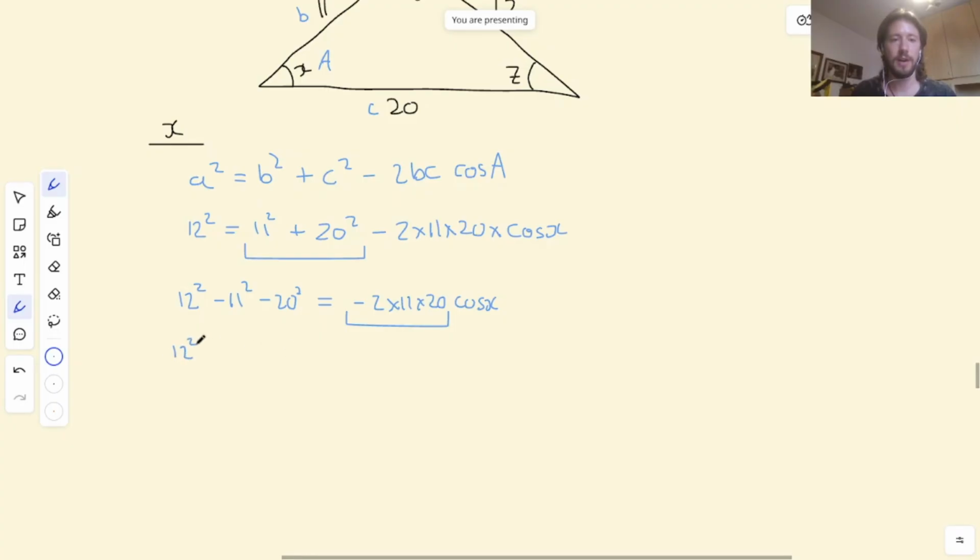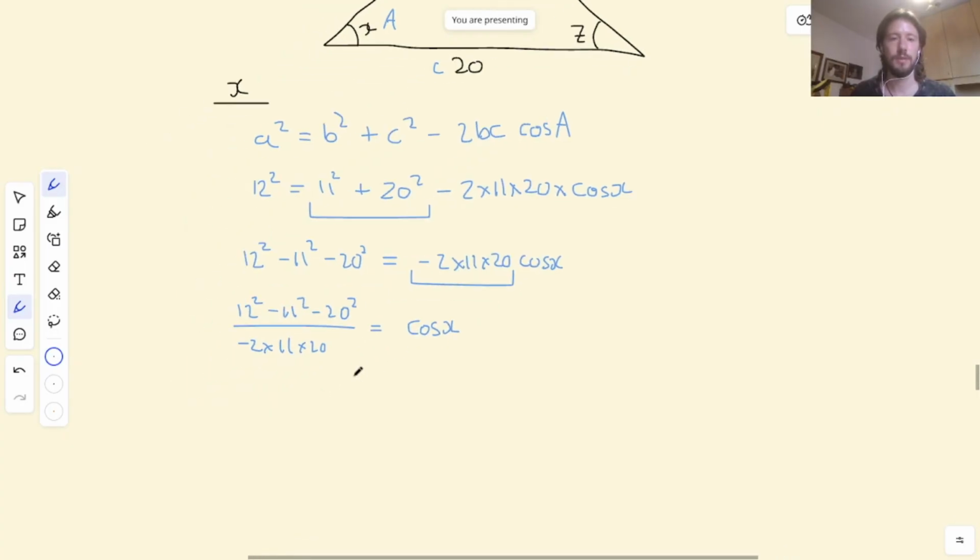So 12 squared minus 11 squared minus 20 squared divided by minus 2 times 11 times 20 equals cos X. And now if we want X, we just do inverse cos of all of that. So X equals inverse cos of 12 squared minus 11 squared minus 20 squared divided by minus 2 times 11 times 20.